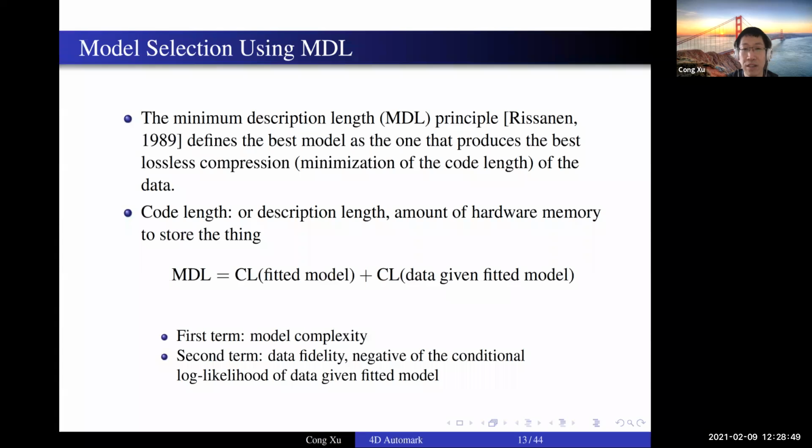Which means that if the model fits it pretty well, then the second term will be small. So yeah, the model complexity plus the data fidelity. That's what this principle means.